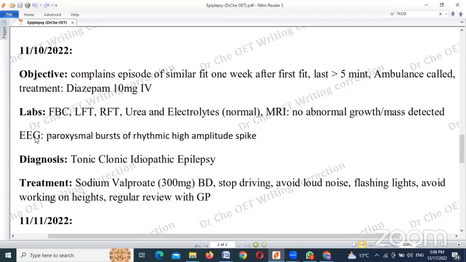What do you think? Can you make the EEG text concise? Paroxysmal burst of rhythmic high amplitude spikes. Can you make it concise? Can you make this part concise? Yes, health education, very good.